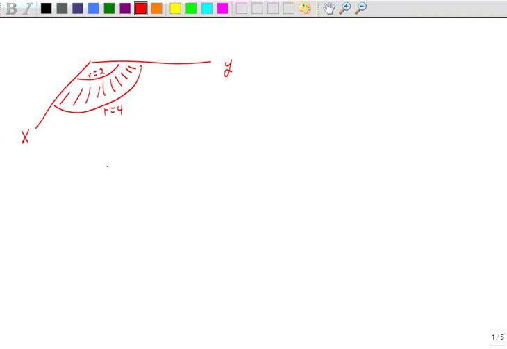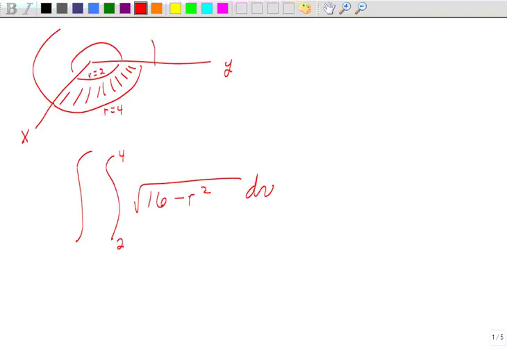So to start out with, I'm going to integrate from 2 to 4 with respect to r, and then theta is going to go all the way around because I want the whole thing. So theta is going to go from 0 to 2 pi. So that's the top half. If I multiply by 2, I get the top above z greater than 0 and the bottom.